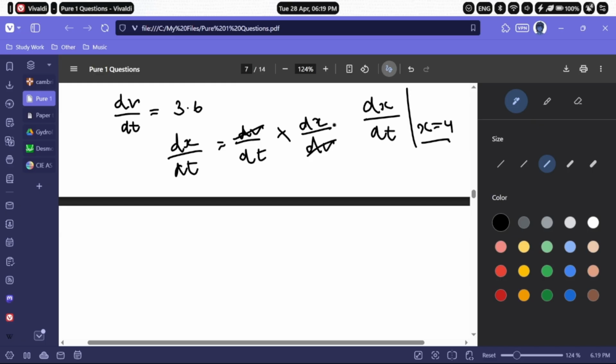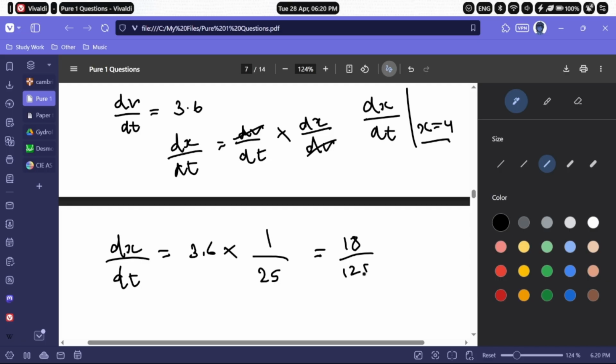So dx by dv would be the reciprocal of that. So you can say that dx by dt would be equal to dv by dt, which is 3.6, into the reciprocal of that, which is 1 over 25. Now, if you multiply that, that would give you 18 over 125.